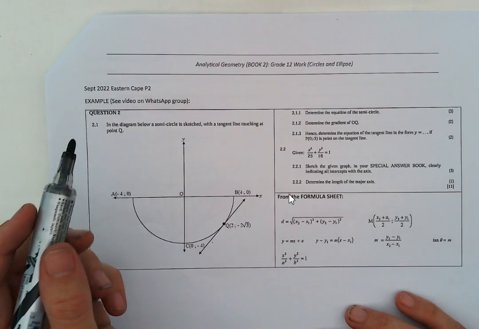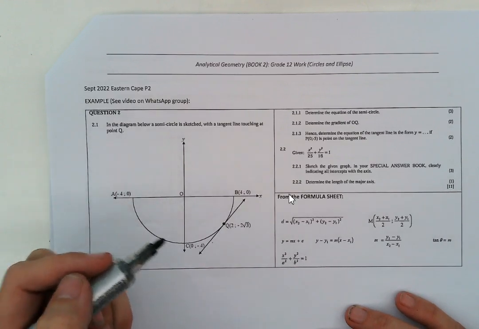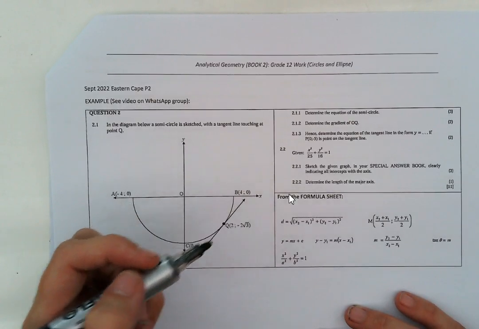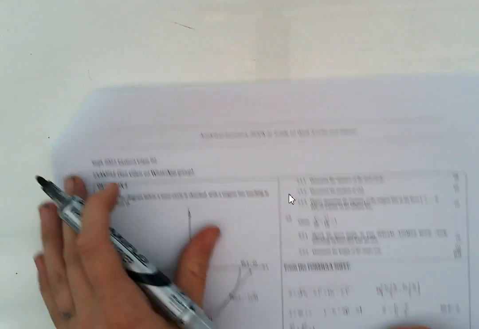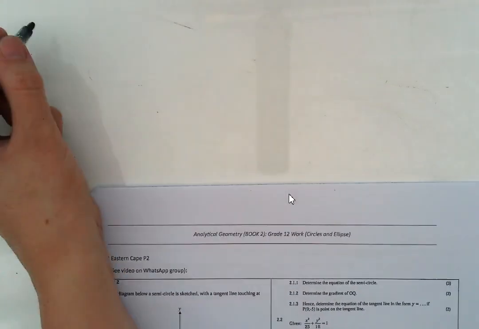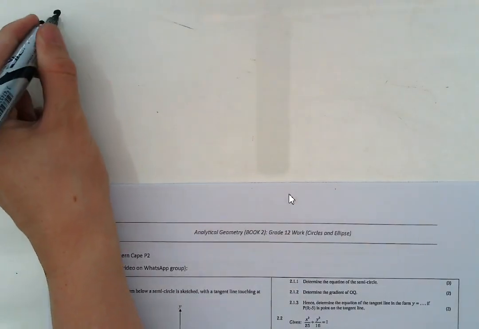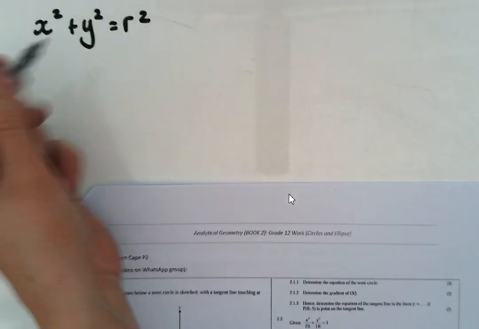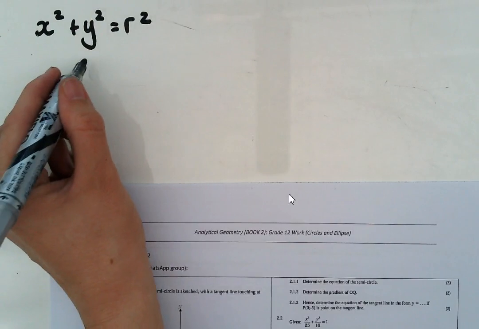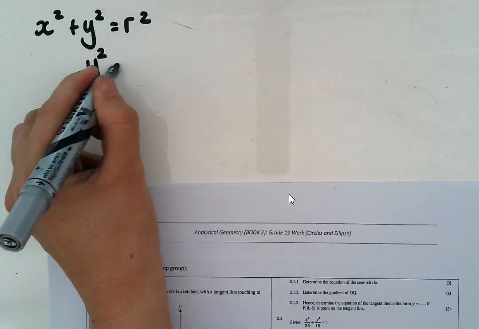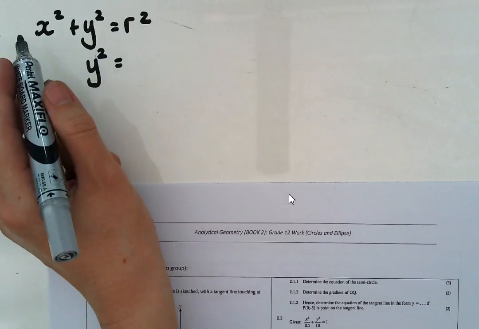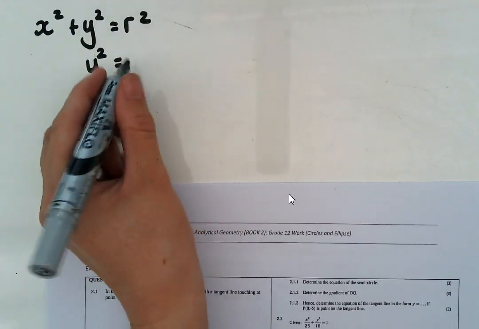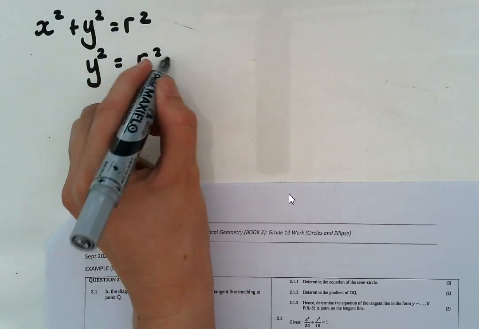Okay, right, so here they threw us a little bit of a curveball. They did a half circle, and normally we mostly work with a full circle, which is x squared plus y squared is r squared. Last year we did work with different half circles. I'm going to transpose the x, if you remember from last year, né?